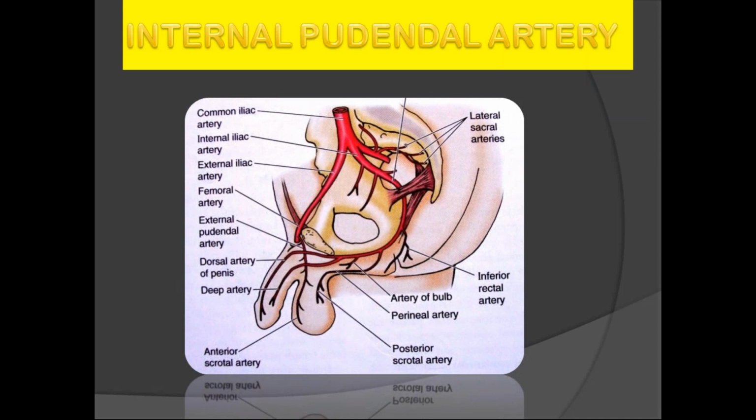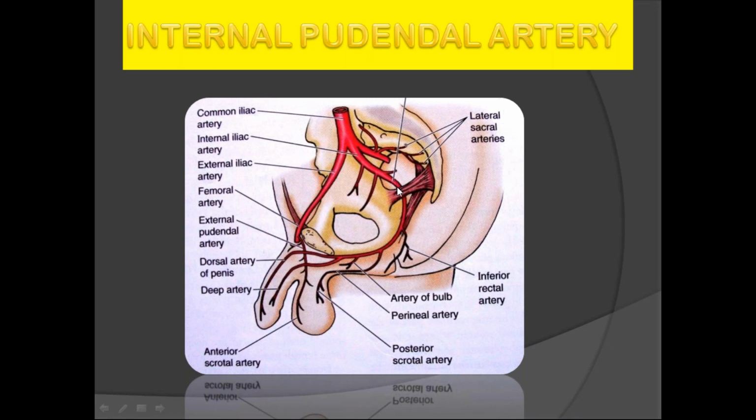So the internal pudendal artery arises from the anterior division of the internal iliac artery. You can see in this picture, this is the common iliac artery, which divides into internal and external. This is the external iliac artery, this is the internal iliac artery. The internal iliac artery divides into anterior and posterior divisions. From the anterior division, the terminal branch is called the internal pudendal.